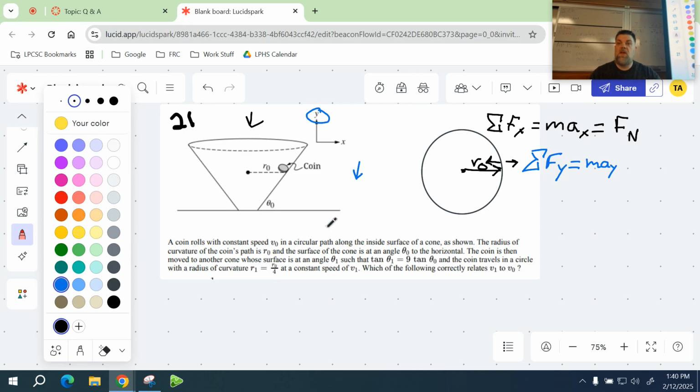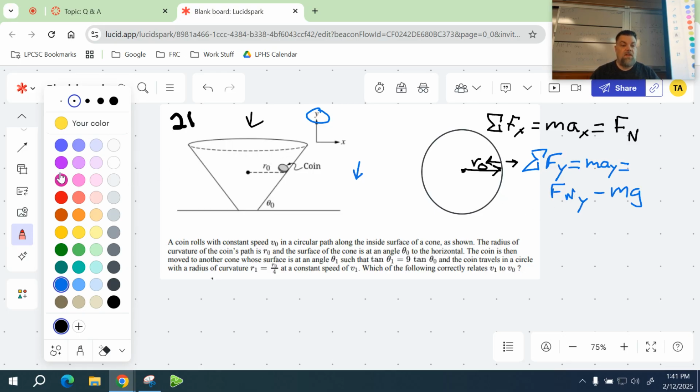But the coin doesn't fall up or down, right? So if we think about this in the y direction, that should be equal to the normal force in the y direction. And then going in the negative y direction would be the mass times the acceleration due to gravity.